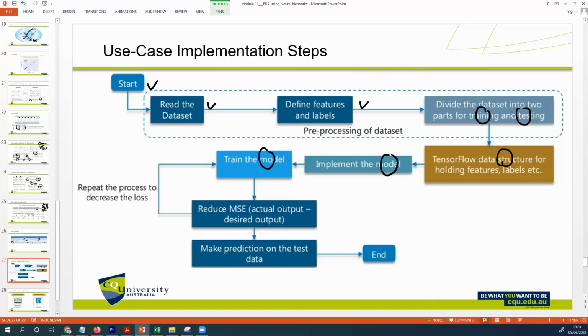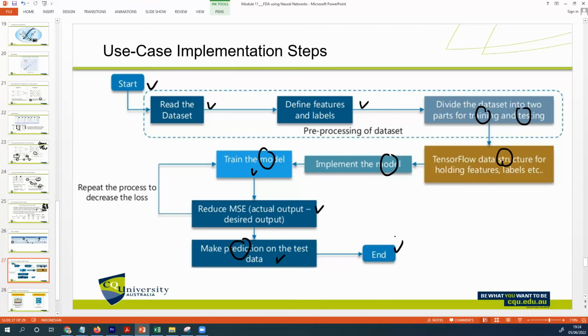If the mean square error is high, you need to retrain the model until it is robust. Then you can use the model to make predictions on the test data.